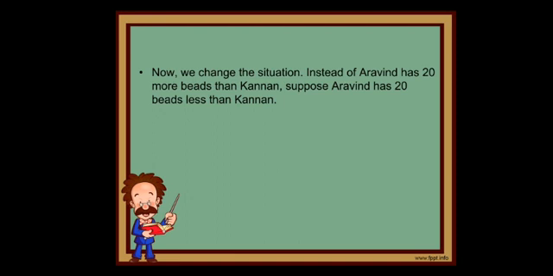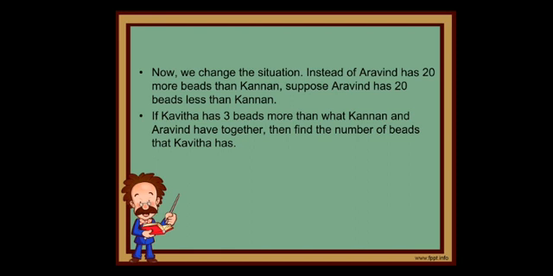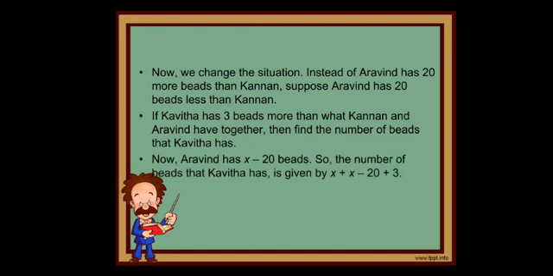So together Kannan and Aravind have x plus x minus 20. If Kavita has 3 beats more than what Kannan and Aravind have together, then that will be x plus x minus 20 plus 3.